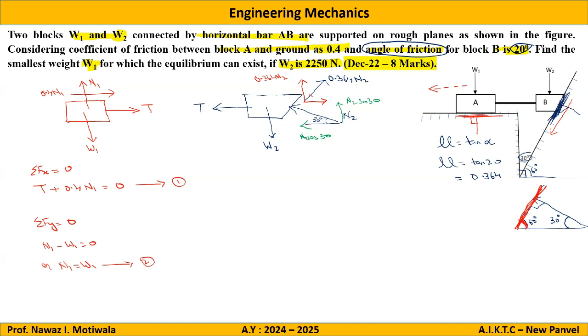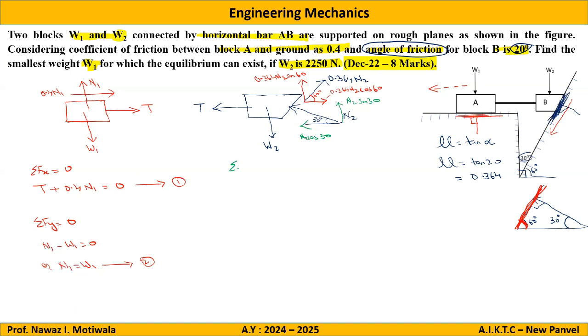Hence, this angle will also be 60 degrees. So this component will be 0.364 N2 cos 60 and this will be N2 sin 60. So this completes the entire free body diagram.